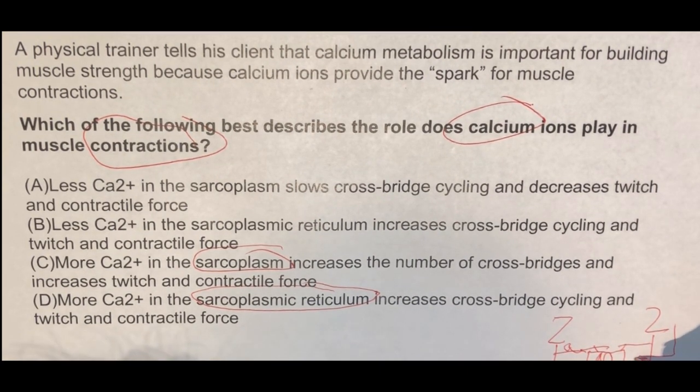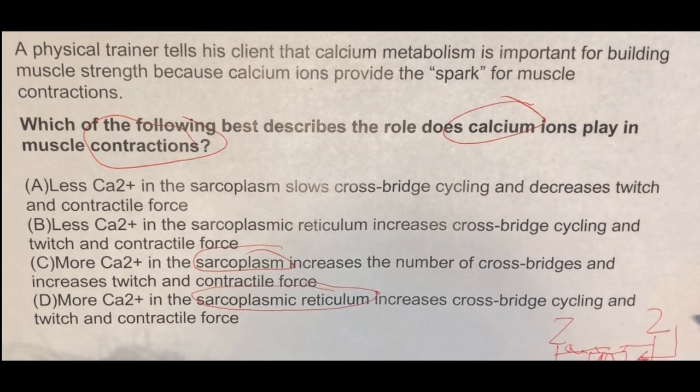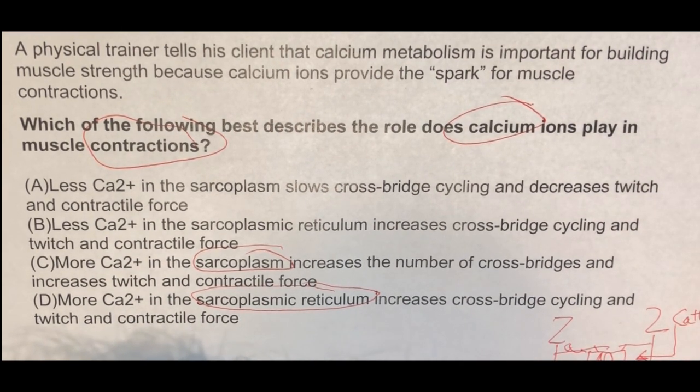When calcium enters through the T-tubules and binds with the troponin subunit of actin to create these cross bridges, then the Z lines come closer together, and we call that active tension, which is the force for purposeful movement.